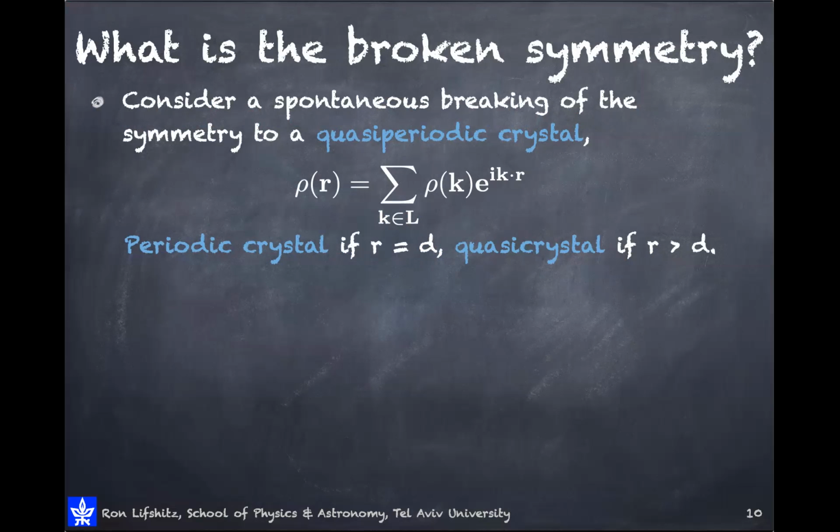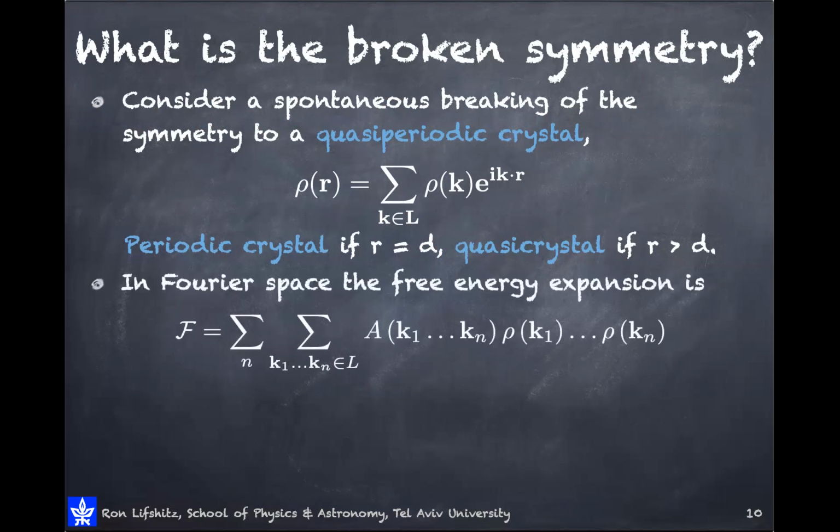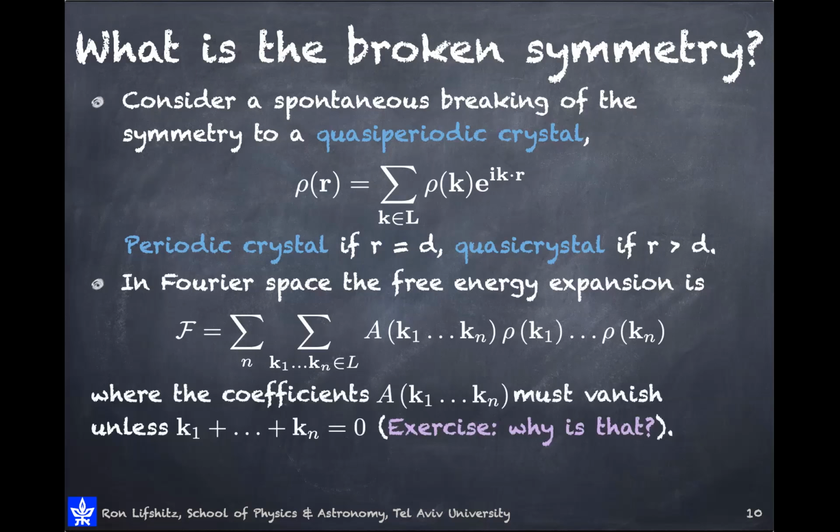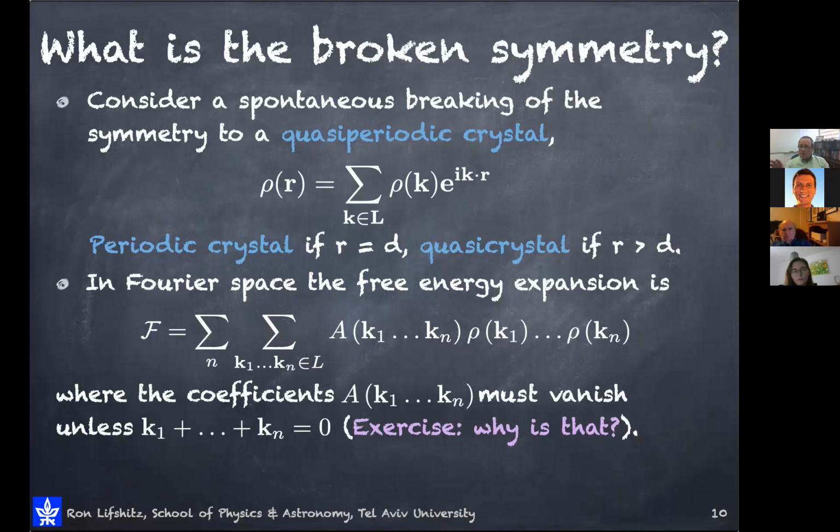So I want to use the same language for both possibilities, periodic or aperiodic, but in both cases, an ordered structure. Now, if I express that free energy that I mentioned on the previous slide in Fourier space, that is, whenever I see my order parameter field rho of R, I replace it with its Fourier transform, and I express it as an expansion in powers and gradients of this order parameter field, then in Fourier space, and believe me if you don't see it immediately, the free energy will have the following form.